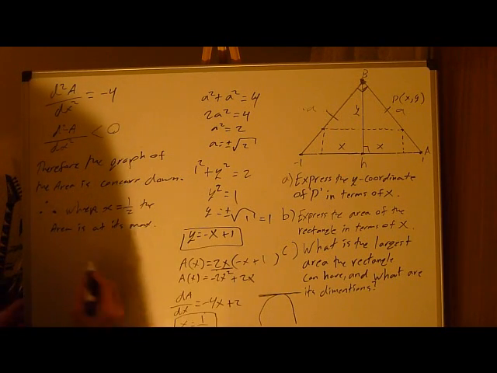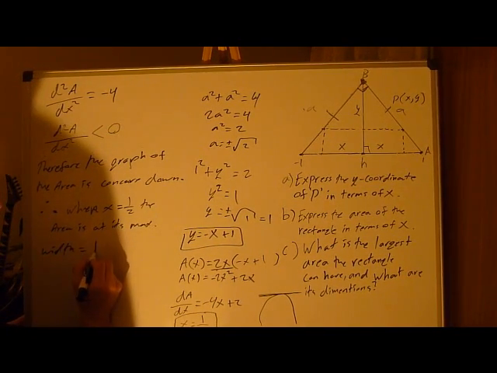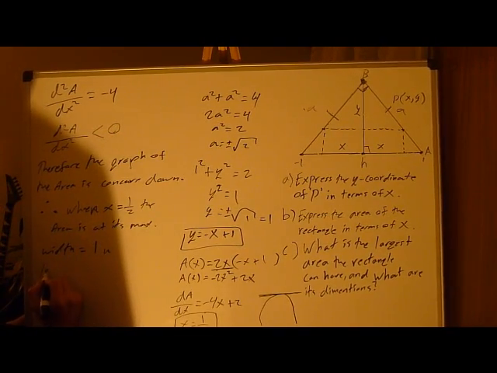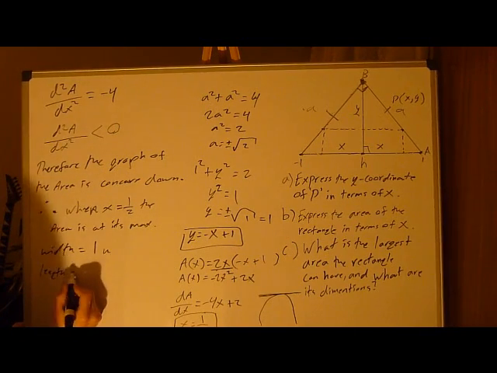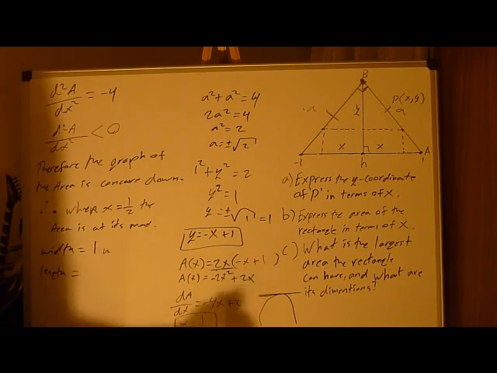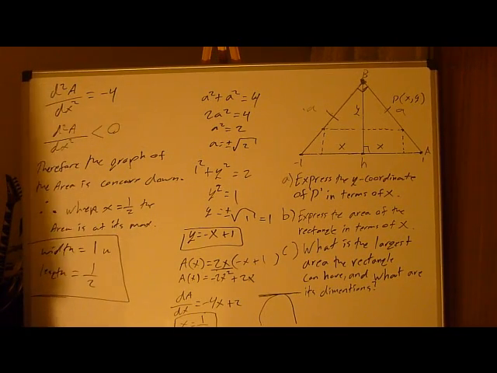So the dimensions are going to be width equal to 1 unit, and the height is going to equal -1/2 plus 1, it's like 1 minus 1/2, so it's 1/2. There we go, we solved it.